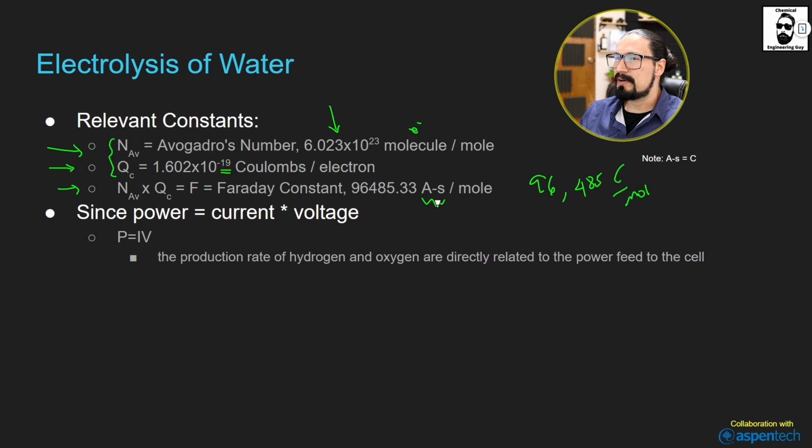And remember that ampere times second is nothing more than coulombs per second times second, so they cancel each other. An important factor, because we're going to be considering power later on. Remember, power is nothing more than current times voltage.